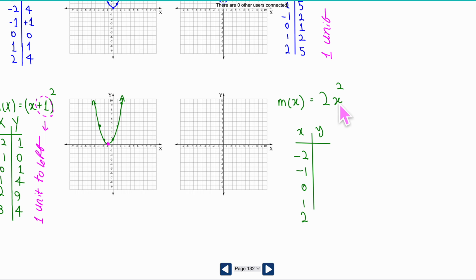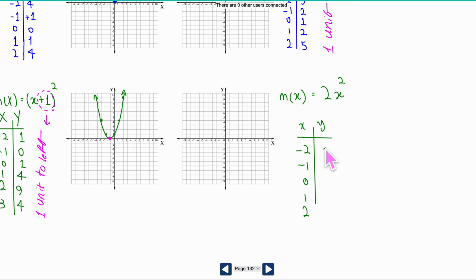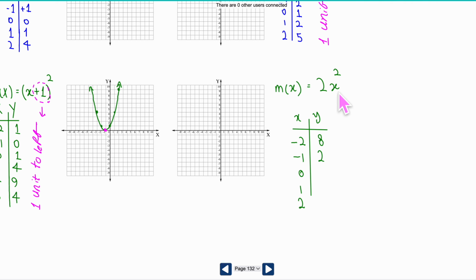-2, once plugged in instead of x, would first get squared, so -2 squared is 4, and then multiplied by 2, that's 8. Same with -1. -1 squared is 1, multiplied by 2 is 2. 0, once plugged in instead of the x, would give us 0.